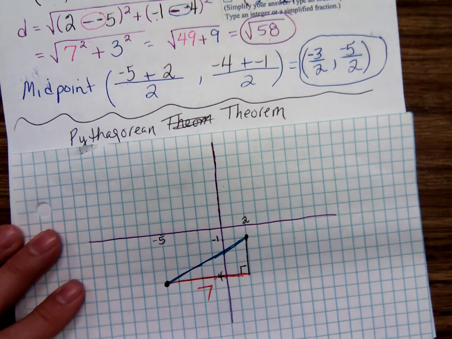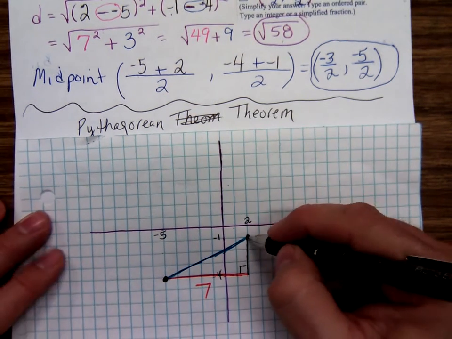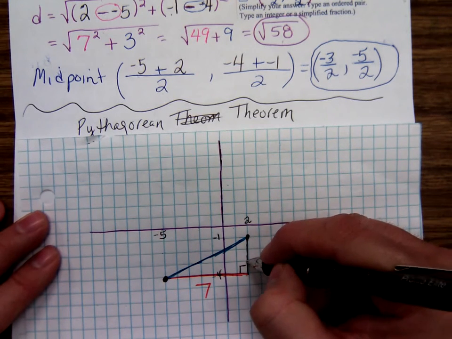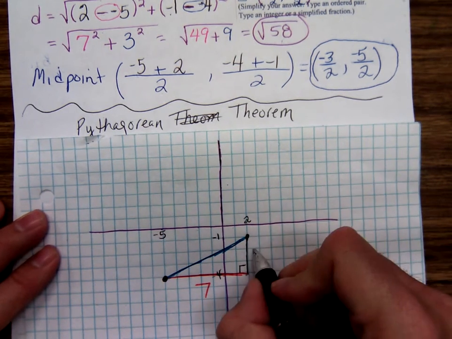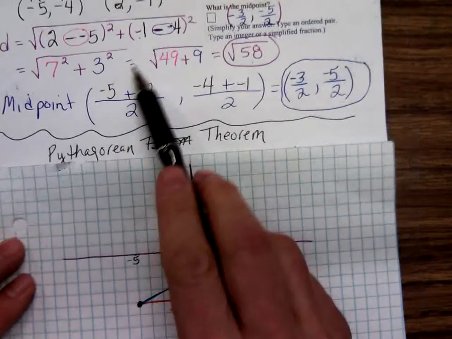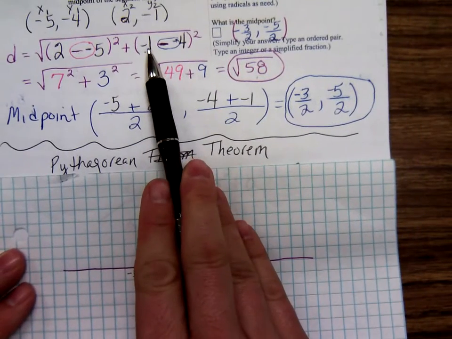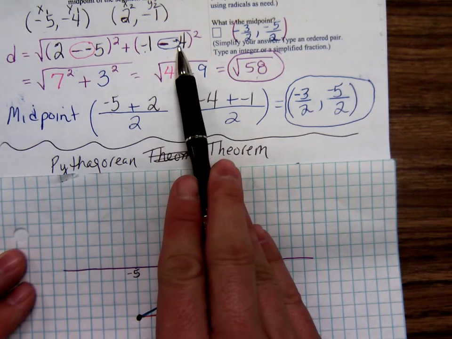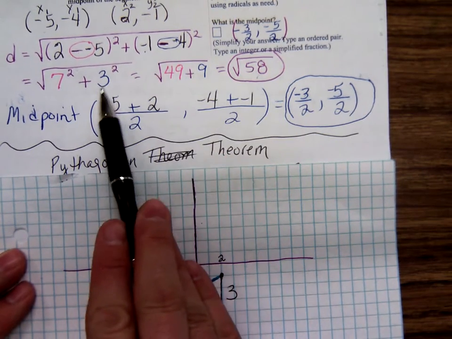Now, what about this vertical length going from here to here? 1, 2, 3. It looks like it's 3. Up here, the y2 minus y1, -1 plus 4, that's giving you that vertical length right there.